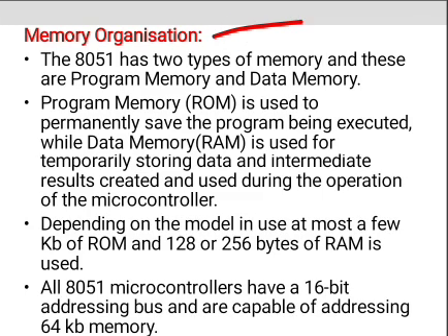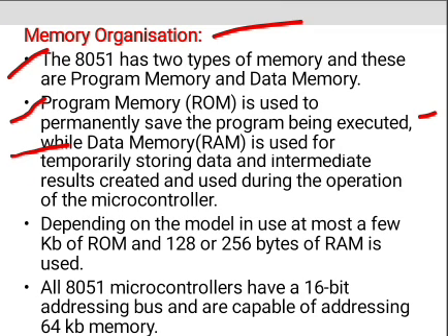Next is the memory. The 8051 has two types of memory: program memory and data memory. The program memory, that means ROM, read only memory, is used to permanently save the program being executed.